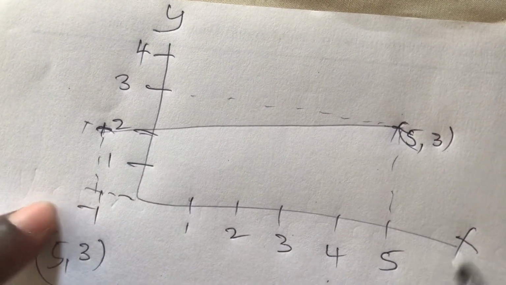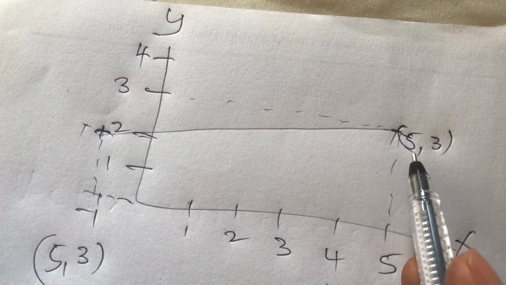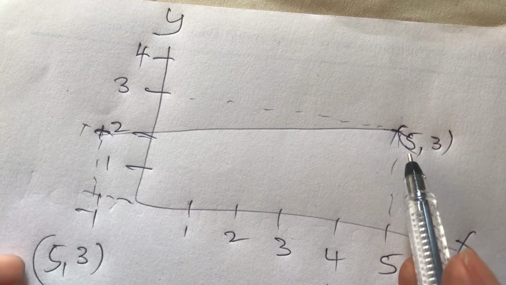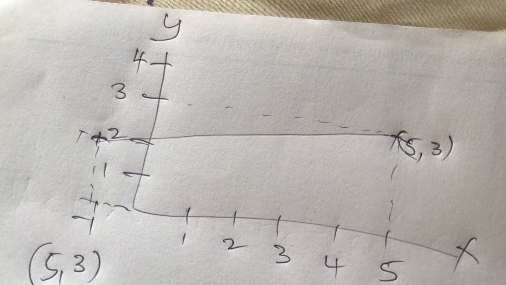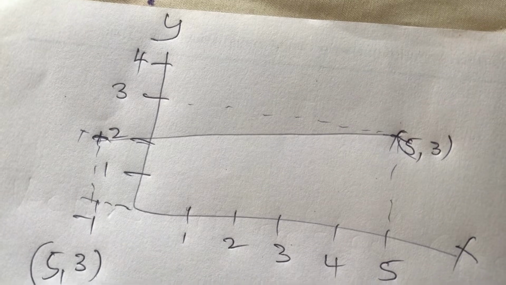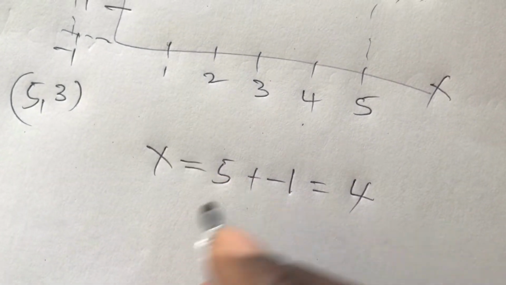To add these vectors, you have to add the corresponding x-axis plus the corresponding y-axis. 5 plus minus 1 is equal to 4, that is x.